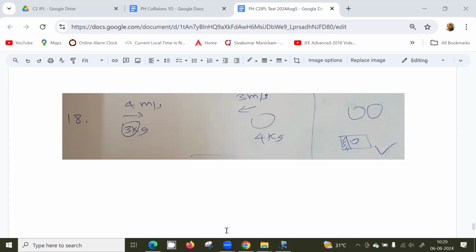The initial velocity of the center of mass is 3 into 4 plus 4 into minus 3 by the total mass, which is 0. So the velocity of the center of mass is 0 initially, and there is no external force, so it will continue to be 0. So the final velocity of the center of mass is 0. So the correct answer is 0.